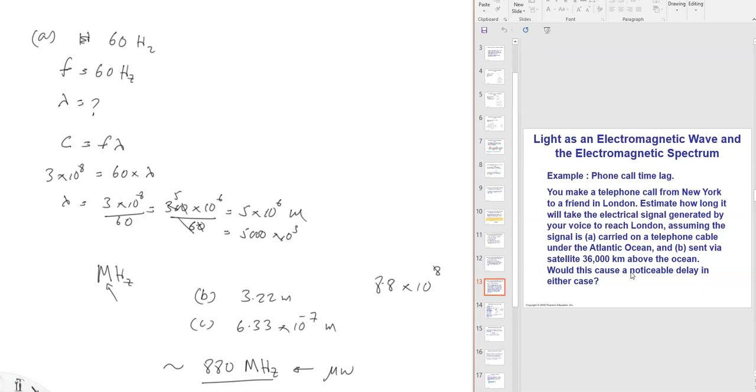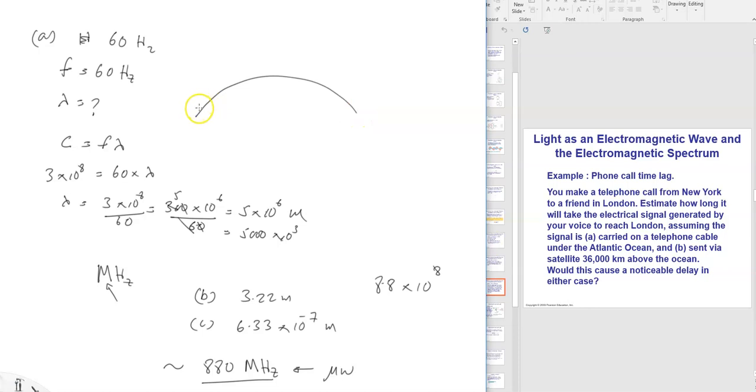Phone call lag time. Alright, so you make a telephone call from New York to a friend in London. So here's the Earth. You are here, and across the Atlantic, you have a friend.